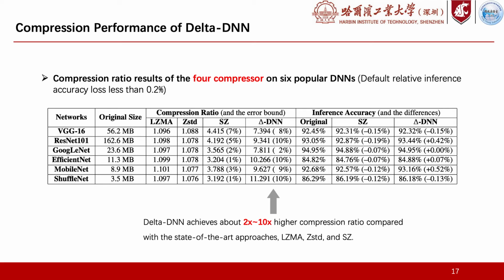We compare our method with the state-of-the-art approaches, LZMA, Zstandard, and SZ. According to this table, we can easily find that Delta-DNN achieves about 2 times to 10 times higher compression ratio than others, and Delta-DNN can keep the inference accuracy loss smaller than 0.2% as the default setting.